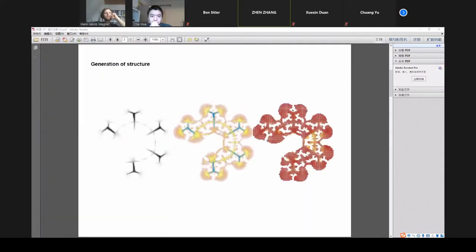And then from yesterday to today, we finished the generation of structure and beam, and these are the pictures of them.